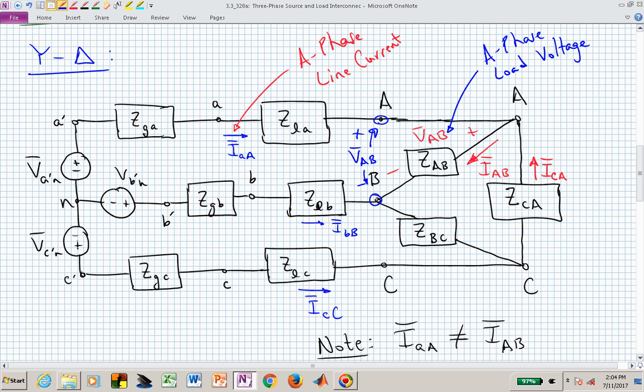But what can we say about the A phase load current? In this case, the A phase load current will be passing through the A phase load impedance, which is Z sub AB. This I sub AB is our A phase load current.